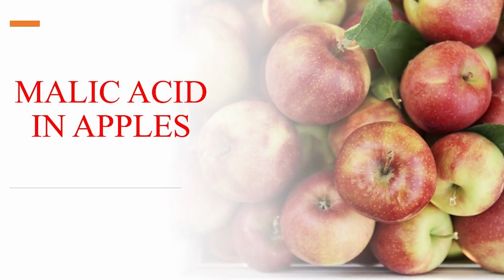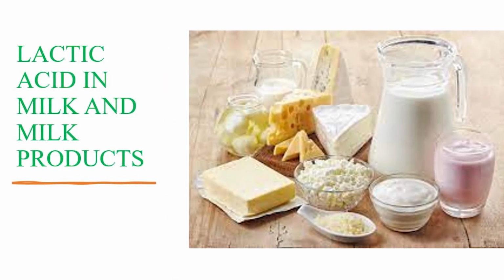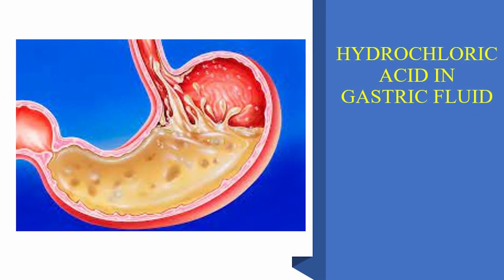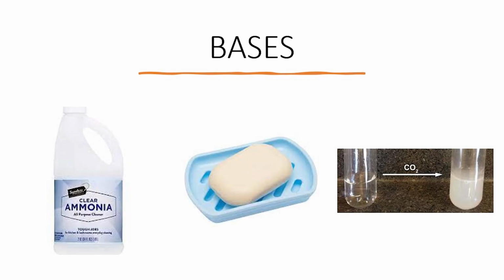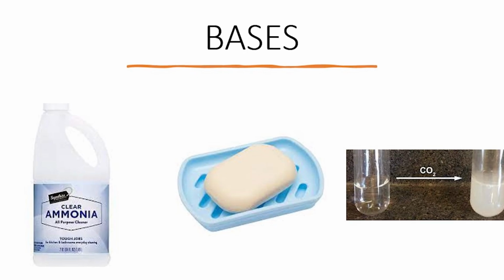Malic acid is in apples and lactic acid in milk and milk products. As well, you have heard about hydrochloric acid in gastric fluids. Many bases such as lime water and washing soda can also be found in our everyday life.